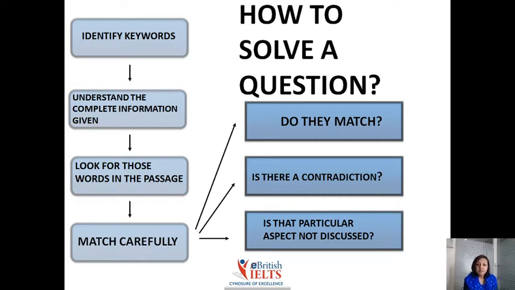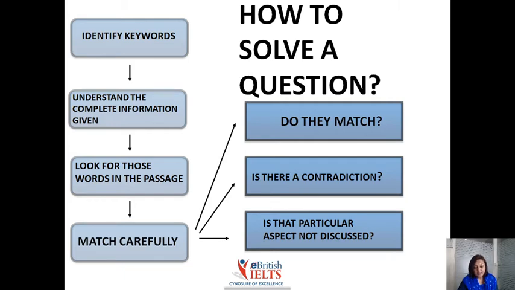So the three things that you do once you locate the area where the answer lies, the first thing that you need to do is to find out if they match. If they do not match, if there's a contradiction there in the passage, is the opposite being stated, in which case obviously the answer is false, or is that not discussed completely in the passage?